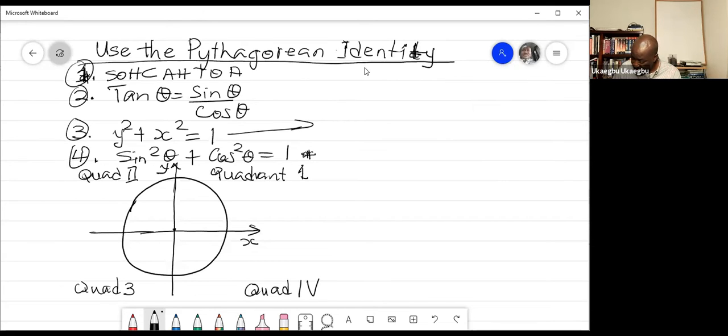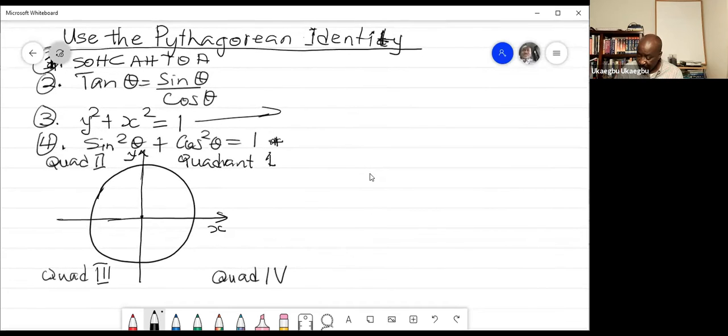Actually, I think they write it with Roman figures. Okay, so now on these 4 quadrants, let us look at how the trig ratios are represented in each of the quadrants.